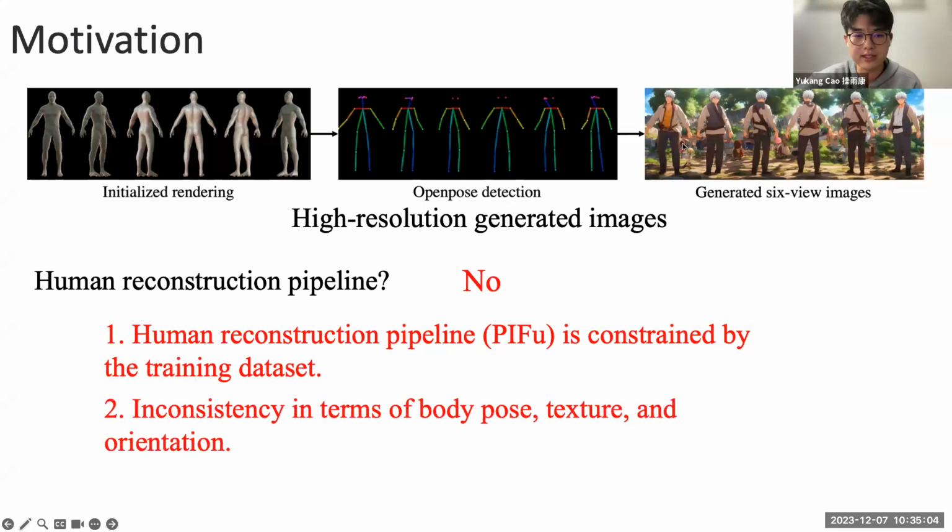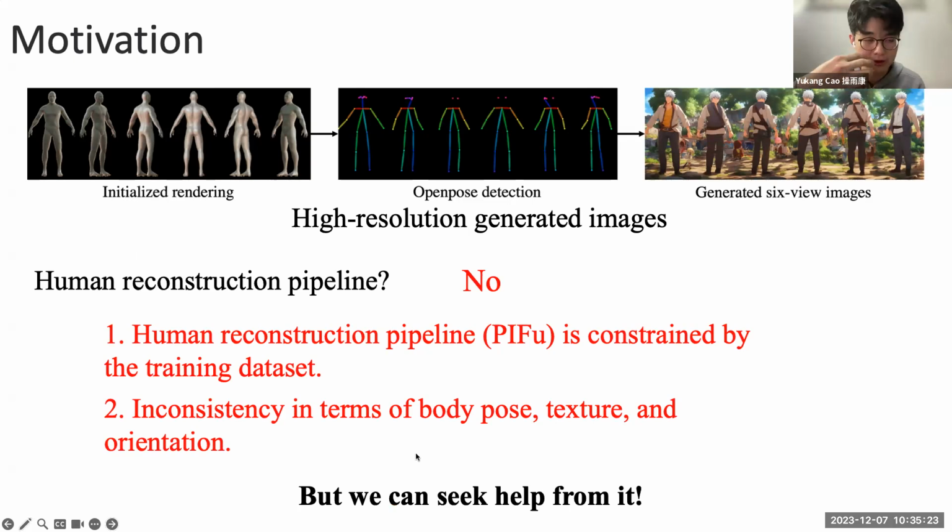And secondly, inconsistency exists in the generated images in terms of body pose, textures, and their orientation with the original orientations in the simple rendering. So that's the reason why we cannot use the human reconstruction pipeline directly, but we can actually seek help from it. For example, we can use the features.